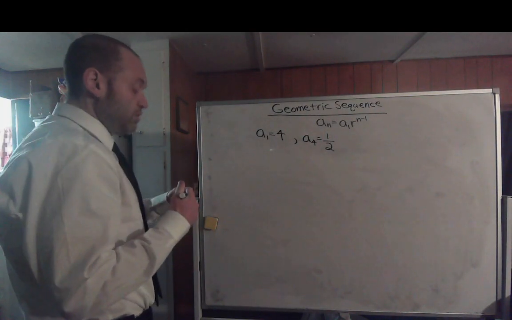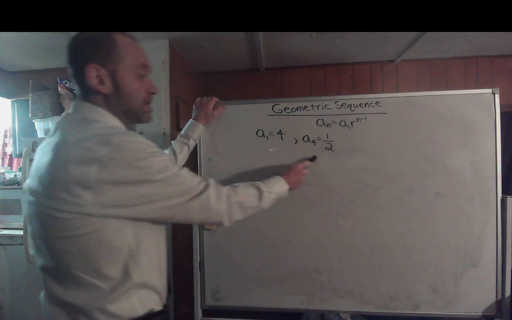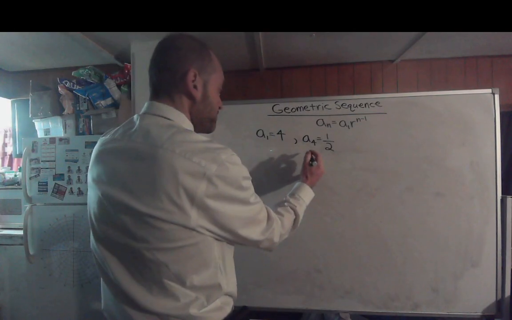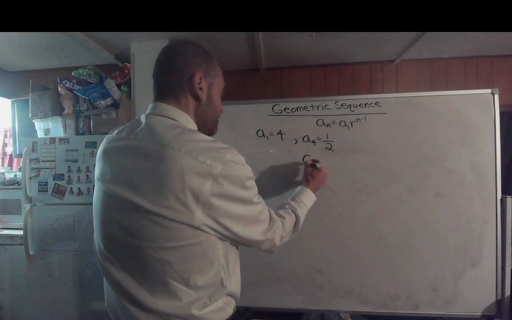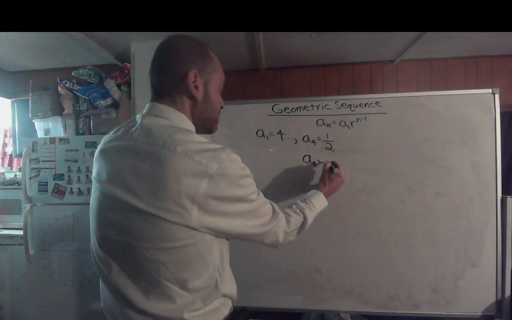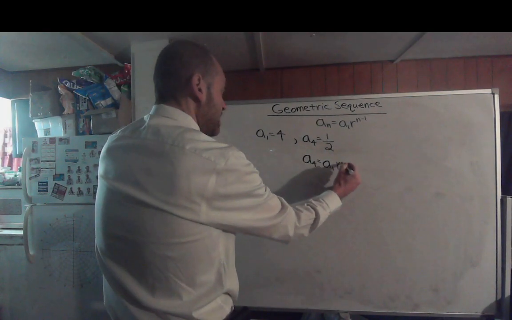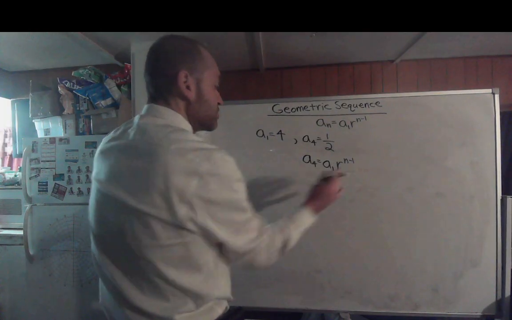So we know the first term. We can actually substitute that into the formula for the fourth term. So we could say a sub 4, taking this a sub n formula, equals a sub 1 times our common ratio to the n minus 1, all right?